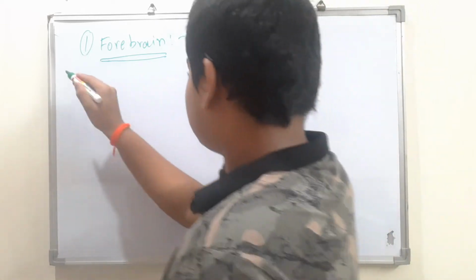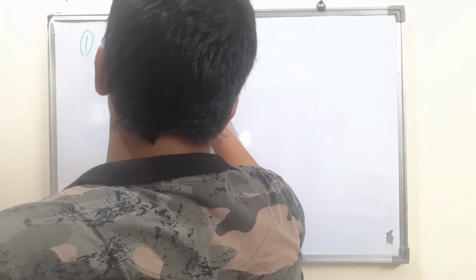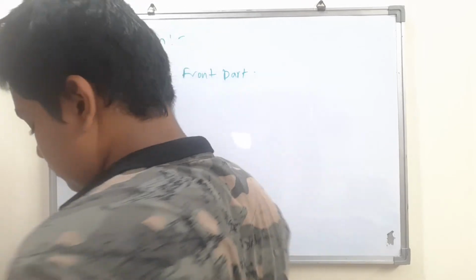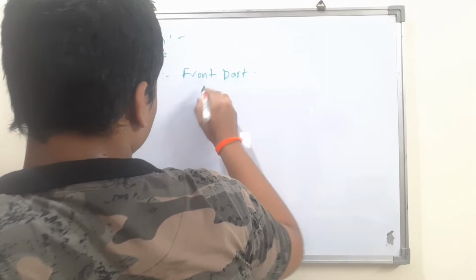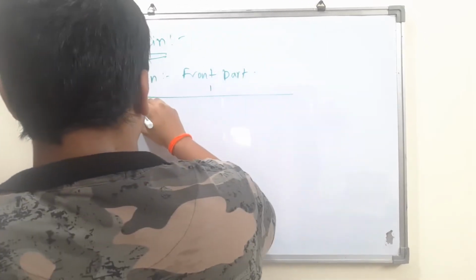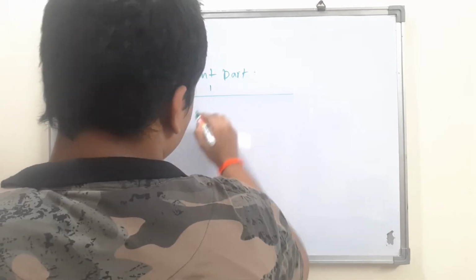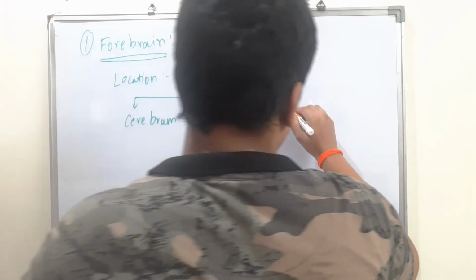This forebrain is located in the front part of your brain, consisting of the cerebrum, and here you might get confused, not cerebellum, cerebrum, thalamus, and hypothalamus.